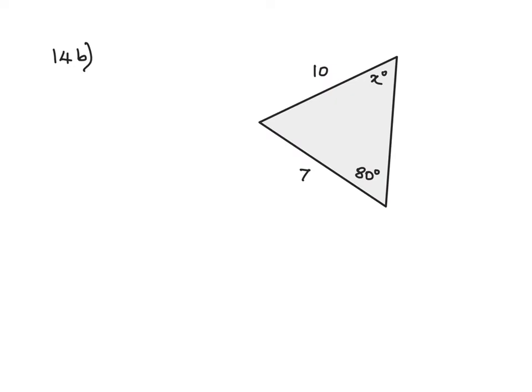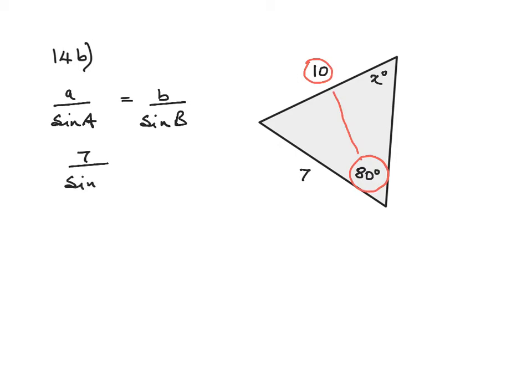This second example is another question where we're going to use the sine rule because we have a side angle pairing. So a over sine A equals b over sine B. In this case we're trying to calculate the missing angle, so we've got 7 over sine x equals 10 over sine 80.